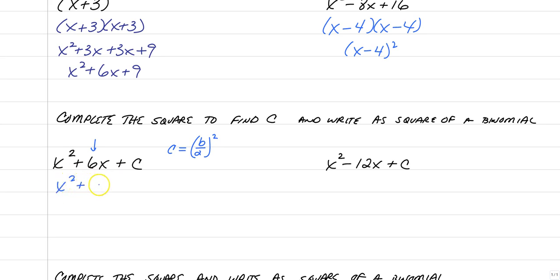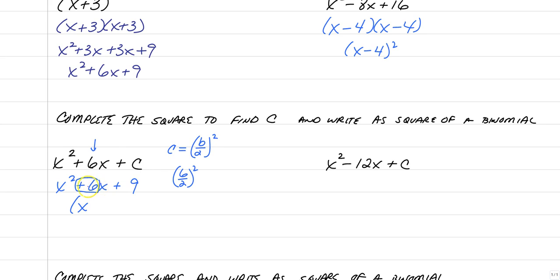So this will give us x squared plus 6x plus 9. Okay? Again, half of b squared, so 6 over 2 is 3, squared gives you 9. And then to write it as the square of a binomial, you don't have to factor, you can if you want to, but it's going to be x and half of this number, or the square root of that number.